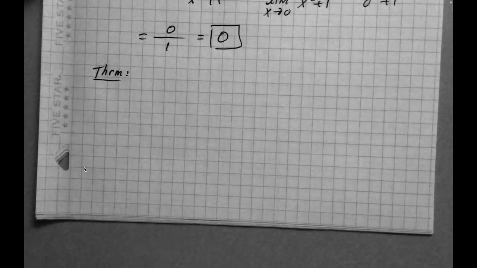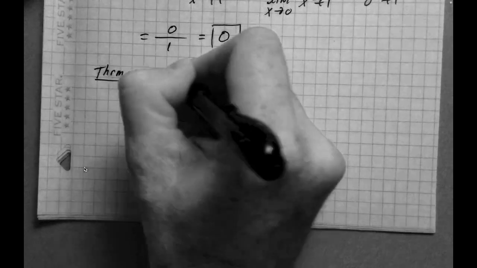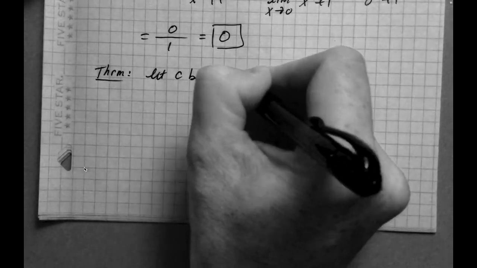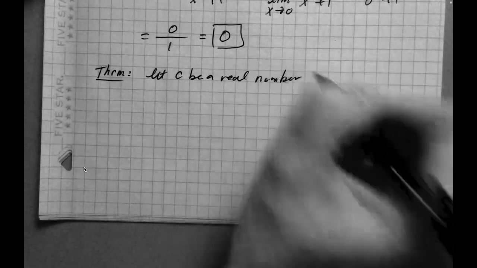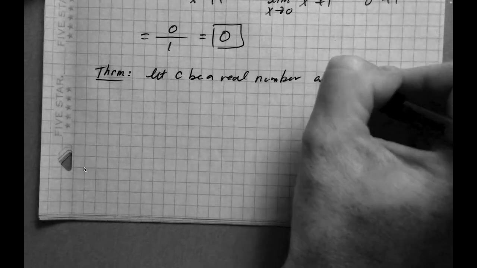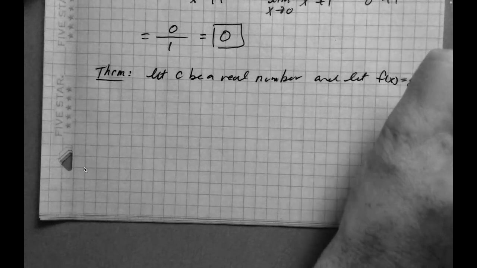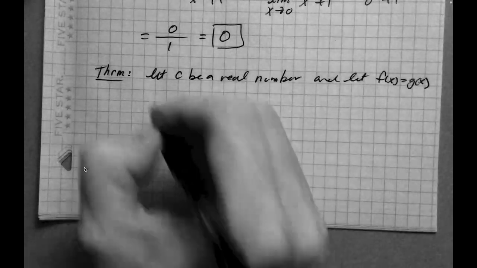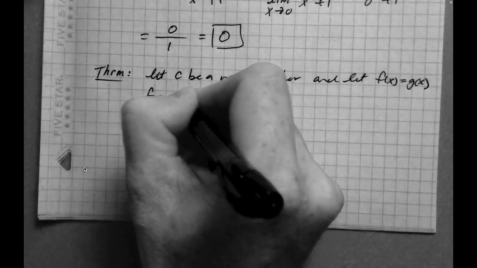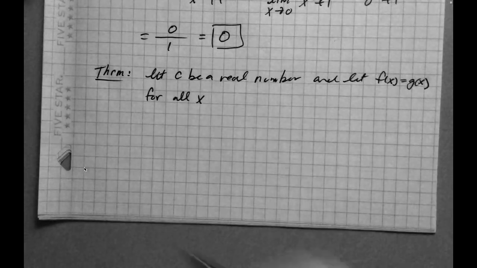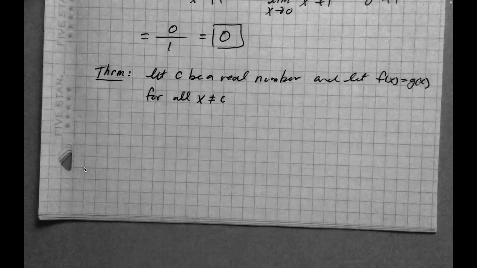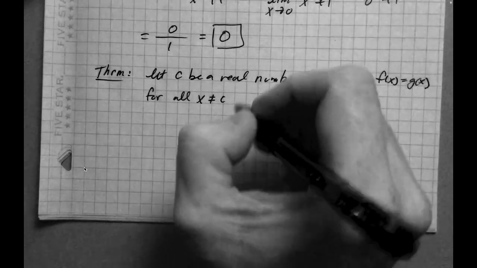So let c be a real number, and let f of x equal g of x for all x that are not equal to c in an open interval containing c.